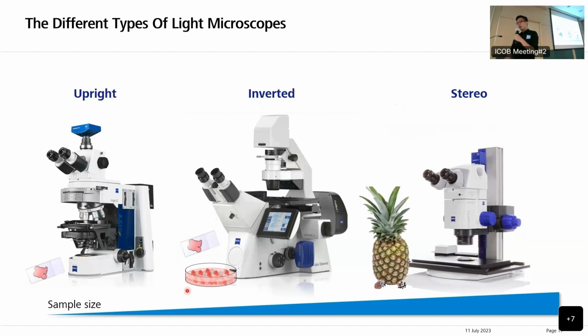If we have live cell or floating type samples, we want to use the inverted microscope, otherwise we cannot just turn our petri dish upside down. And for very large samples, even a pineapple, we would use the stereo microscope to examine from the leaves on the top to the bottom with some peels.